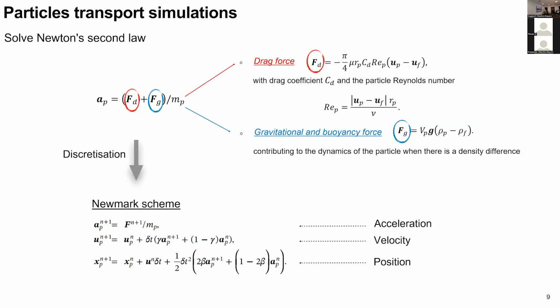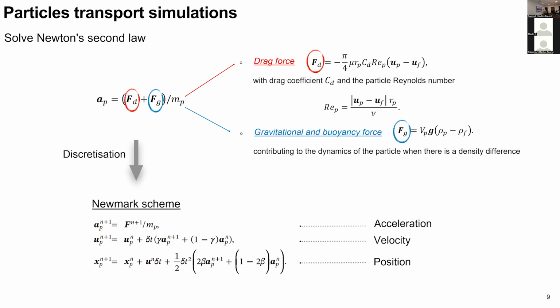Now, for the particle transport simulation, we solve Newton's second law, where the sum of the forces is given by the drag force and the gravitational buoyancy force. In the drag force, there is the drag coefficient and the particle Reynolds number, which depends on the relative velocity between the particle velocity and the fluid velocity, and it is what was previously computed by the fluid flow simulations.